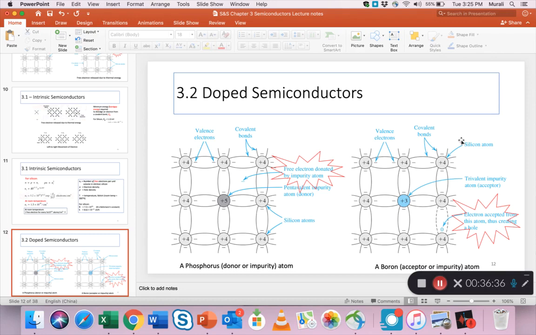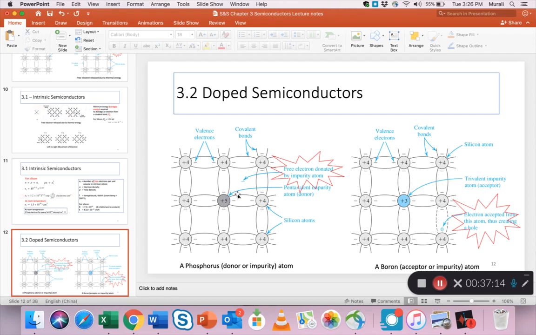So boron, which only has 3 electrons in its outer shell, in its valence band, if that comes here, then it grabs an electron from silicon, because it only has 3, and to form a covalent bond you need 4, so it takes an electron. Okay, so you see there are two types of doping. One is called donor doping and another is called acceptor doping.